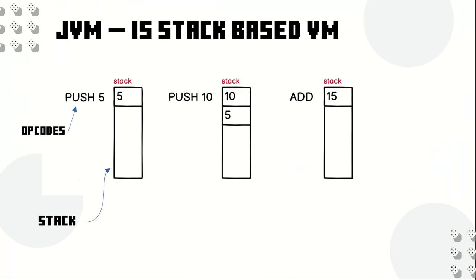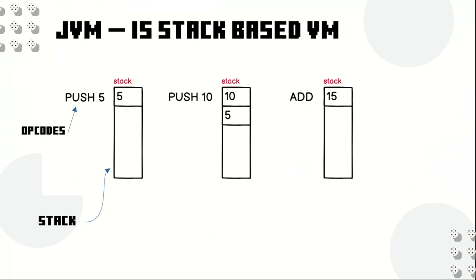JVM is a virtual machine for Java bytecode. It's executing Java opcodes. As you see in this picture, there is a stack and there are opcodes. This is a simplified version of stack-based virtual machines, but in fact it works like this.